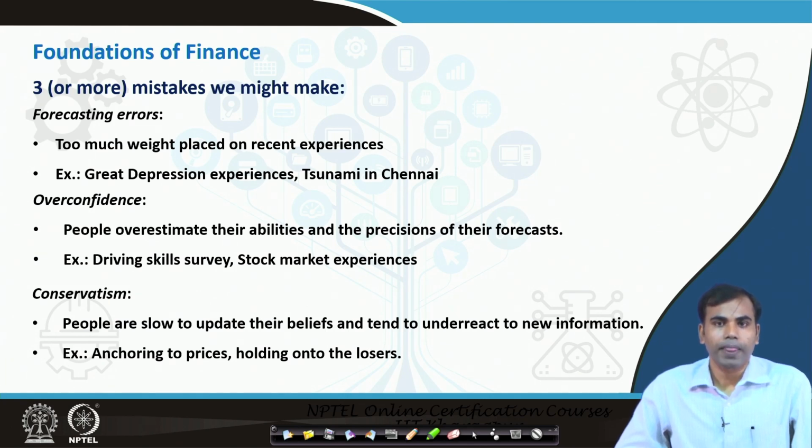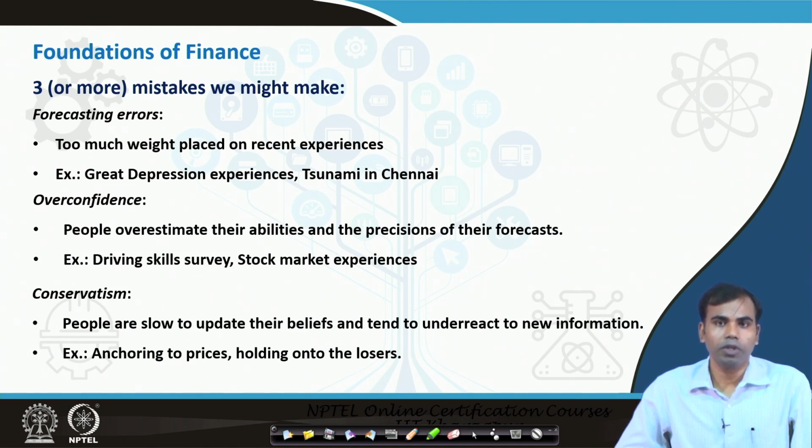For example, if I buy a share in the stock market for 100 rupees and a couple of days down the line the price of that share falls to 95, ideally I should be selling that share because I am losing money, but since I am anchored to the price at which I purchased that share, I would rather stick to that price and wait for the time when the price reaches back to 100 rupees to sell.